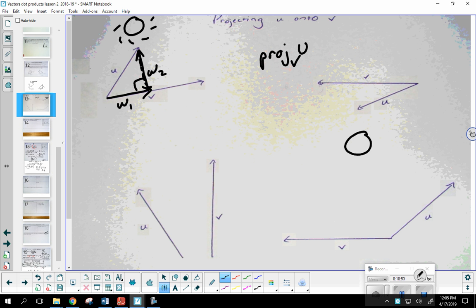So here I would put the sun here. So this right here, the shadow being cast, that's W1. That formula that we use, that's what it's providing you. So W2 is the perpendicular one.